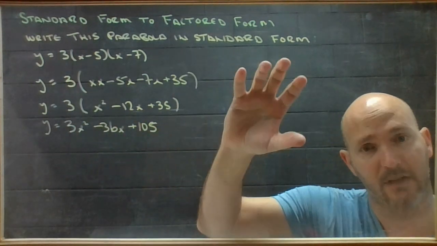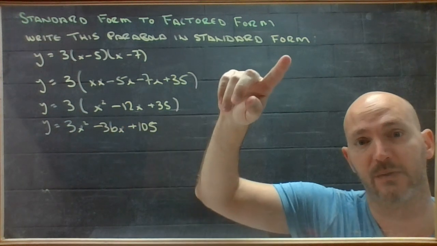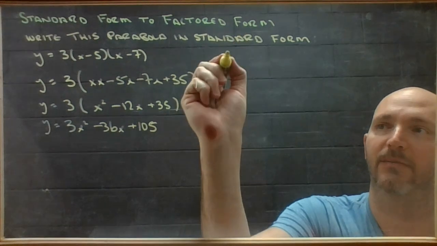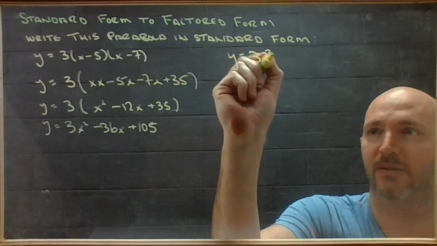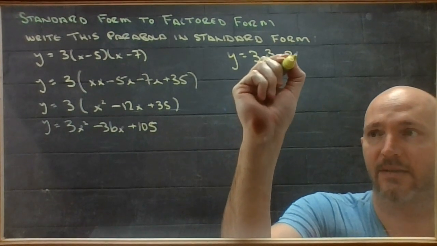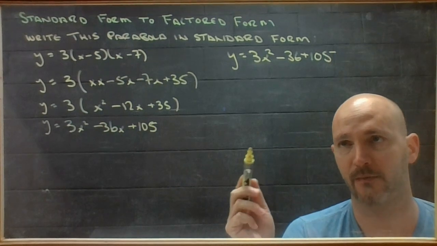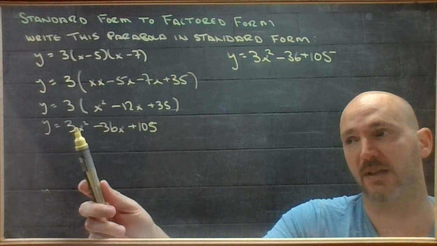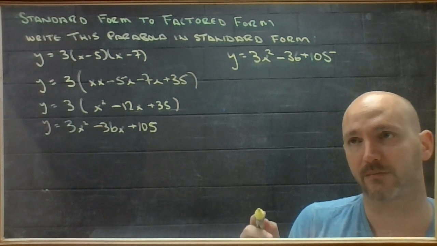So I'm going to go through with this exact same question, and I'm going to try and do it in the other order. So what if I started with y equals 3x squared minus 36x plus 105? Well, the last thing I did in this process was to throw that 3 into the bracket.